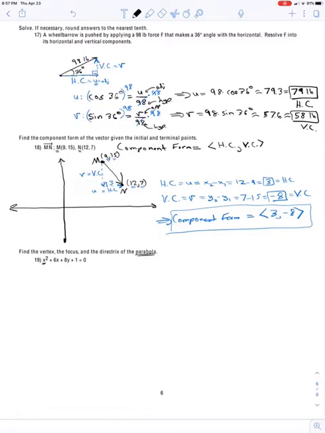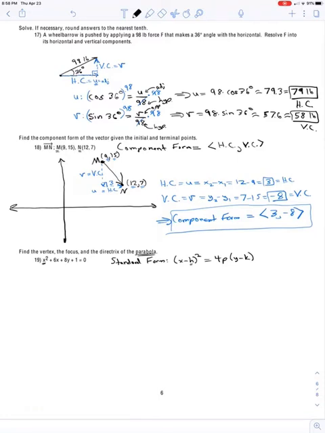So with that said, let's go ahead and write down the standard form. It wants us to talk about the vertex, focus, and directrix, which defines our parabola. And our standard form is (x minus h) squared. Create the square with x, isolate the squared term, put your first degree variable, which will be y, on the right-hand side, and its coefficient, we're going to label 4p, times (y minus some number k).